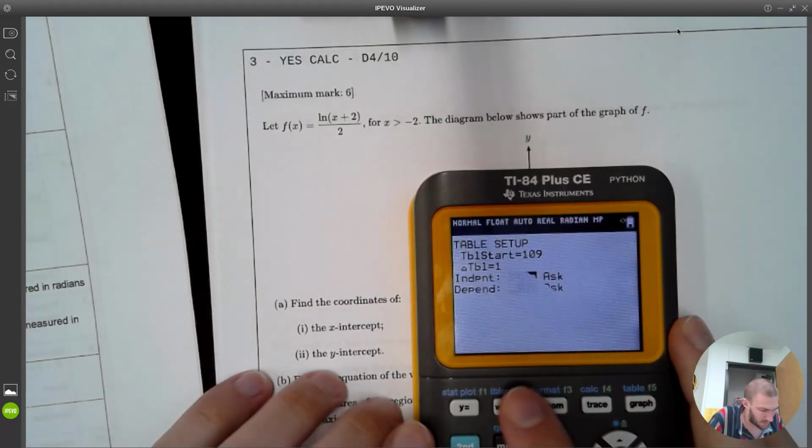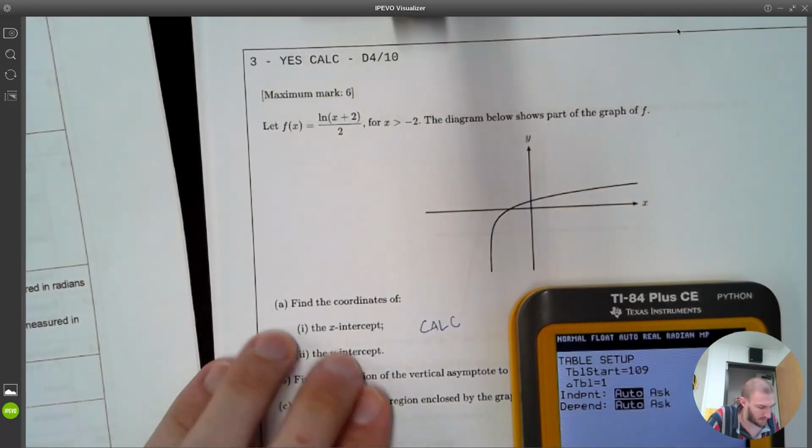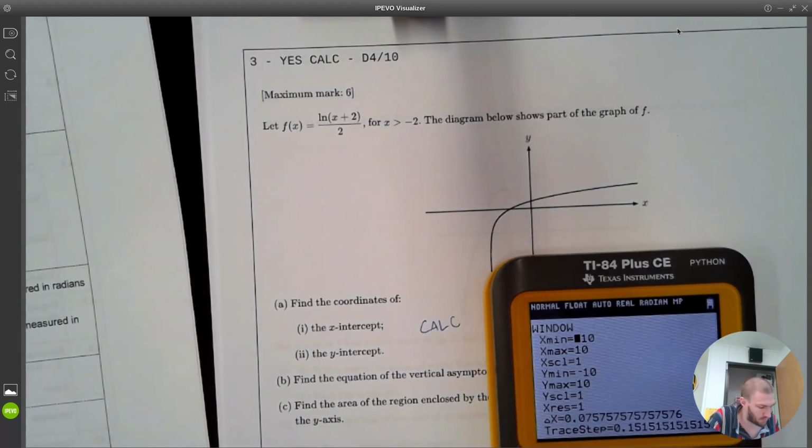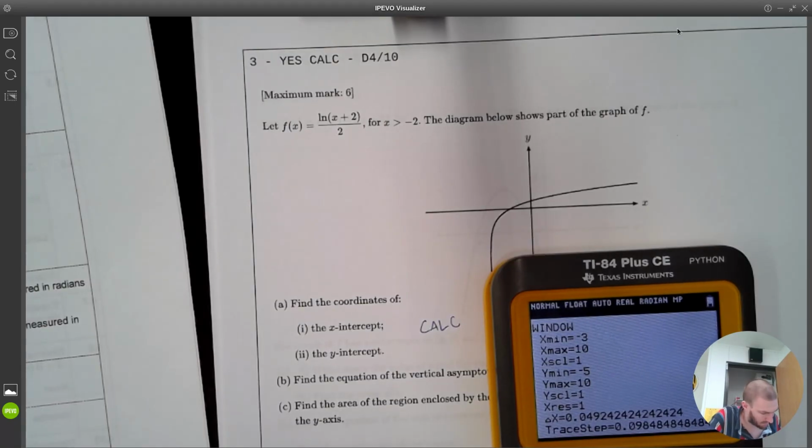Let's go ahead and set my window so that it looks pretty similar. Put my x minimum at -3. Let's just go to 10, that's fine. Y minimum, how about -5 to 5? See how that looks.